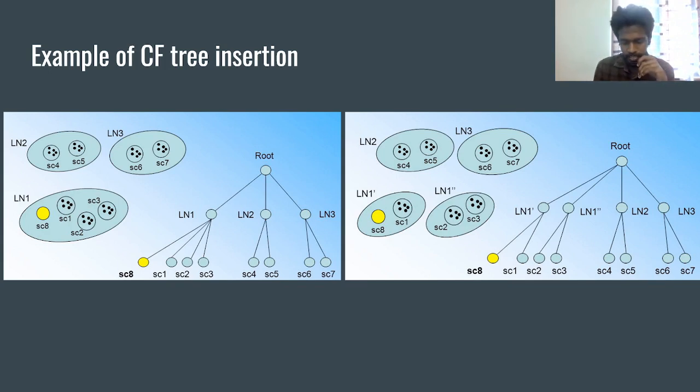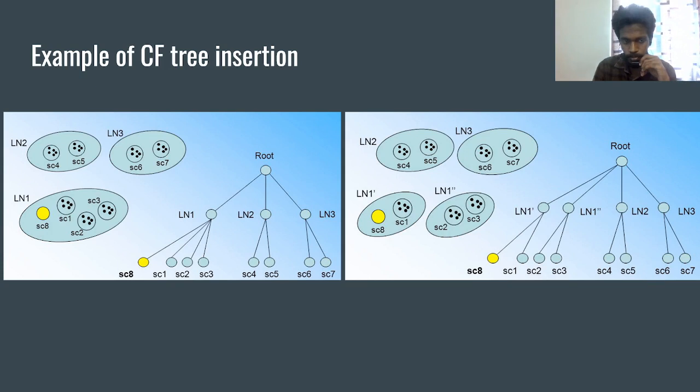Consider a scenario that a new subcluster SC8, which is denoted in the yellow circle, arrives. We can see that SC8 is closer to SC1, SC2, and SC3, so we insert SC8 into LN1 clusters, but we can set the threshold size at 2.